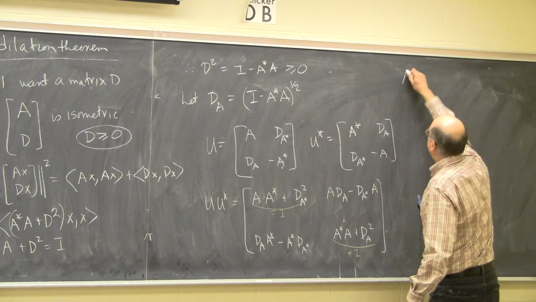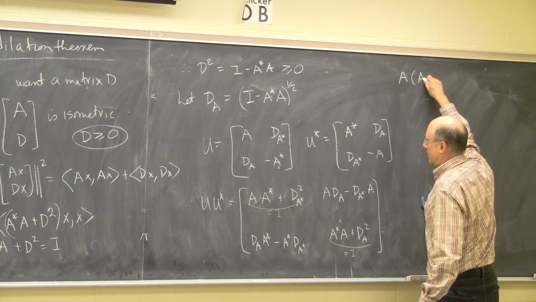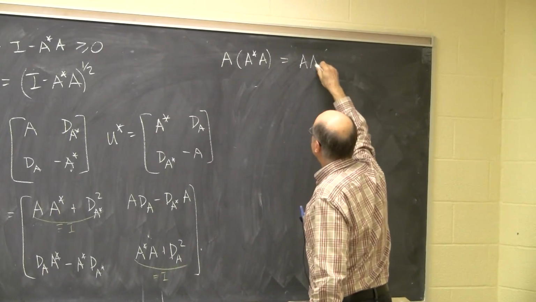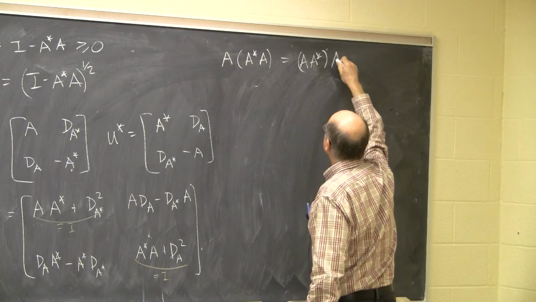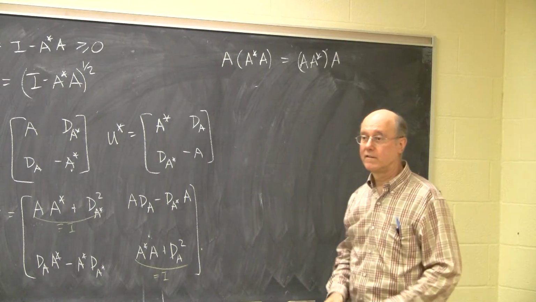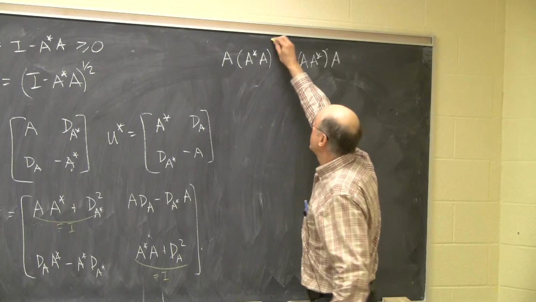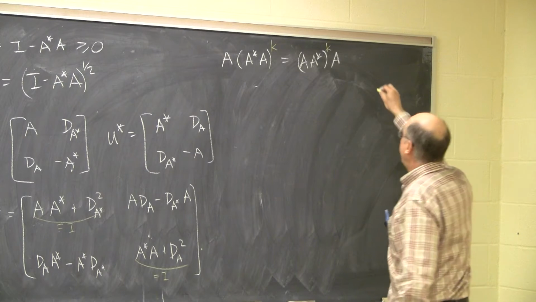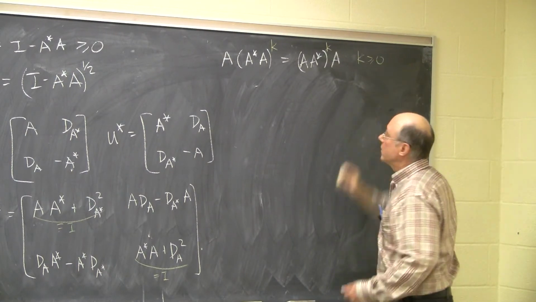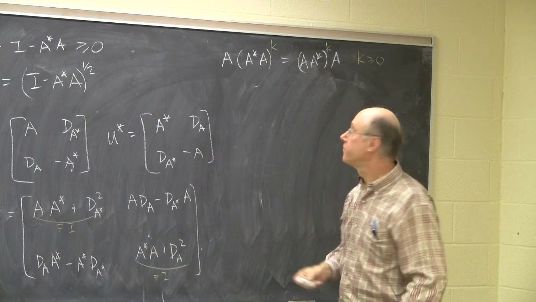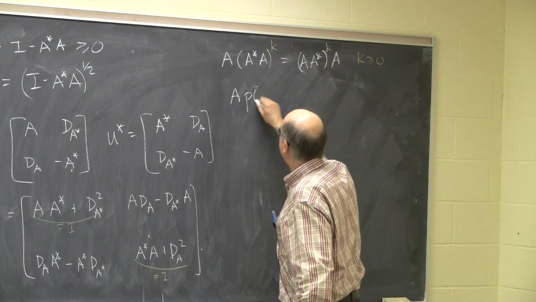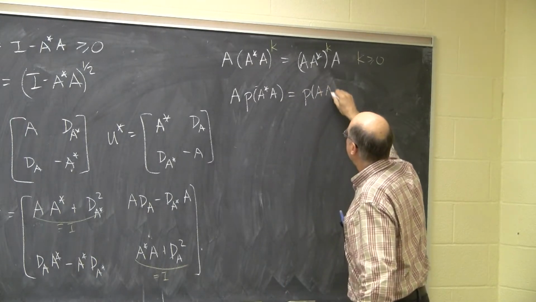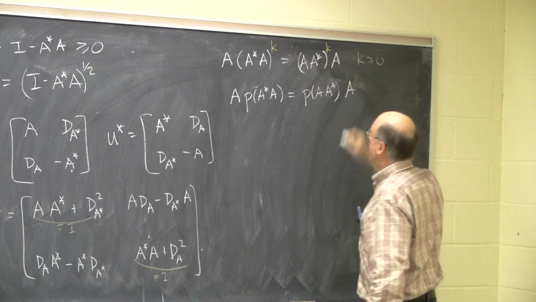Well, you notice that A times A star A is equal to AA star times A. And then the same is true if I put a power there. For any k bigger or equal to 0, that's true. So therefore a polynomial in A star A times A is equal to the same polynomial in AA star times A.